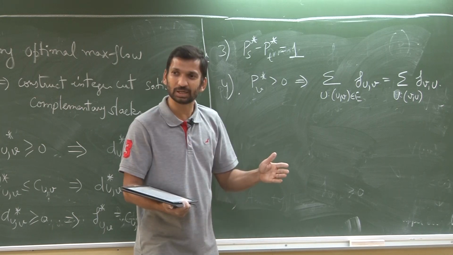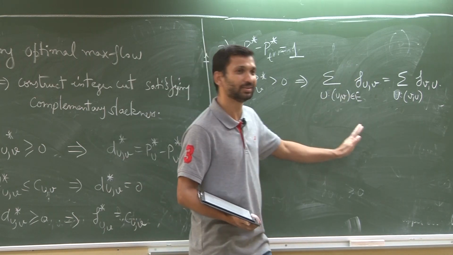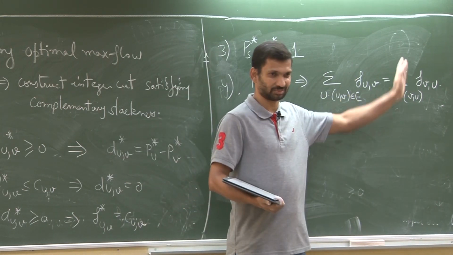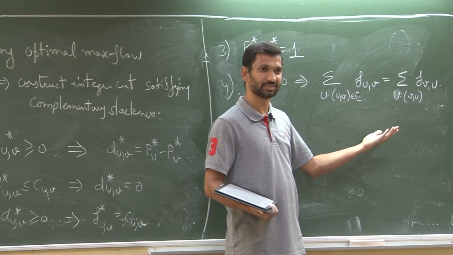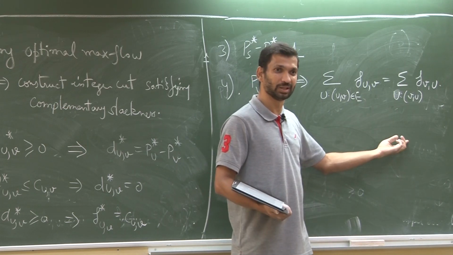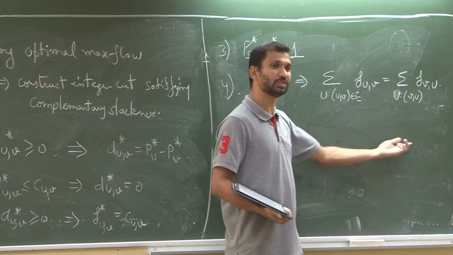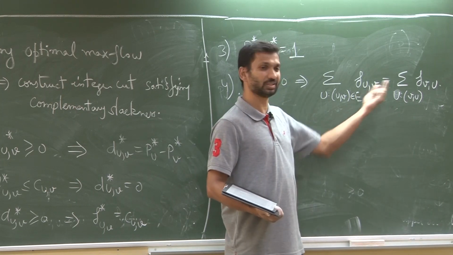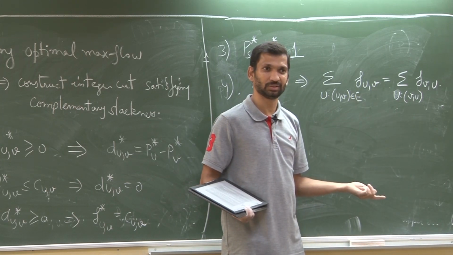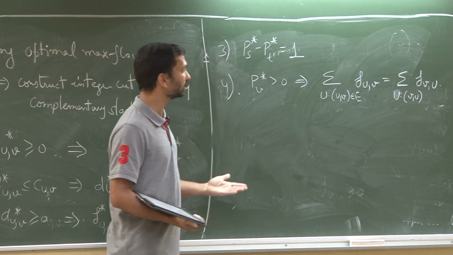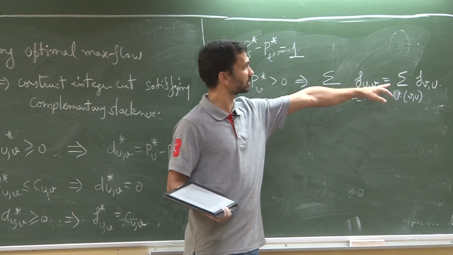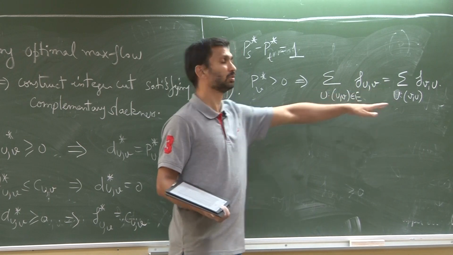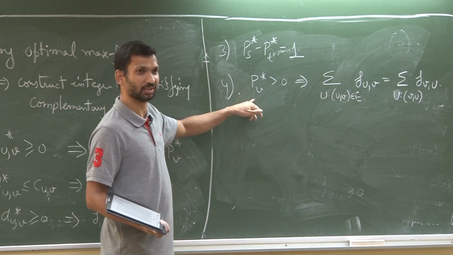And if you want to mathematically prove it, you sum up this side, you sum up this side. You get the same quantities, they are equal. If the sum of these quantities is equal, then everywhere there should have been an equality. Okay, so actually when you take the dual, in the flow conservation constraint, we will have less than equal to. So that's why I am writing this condition.